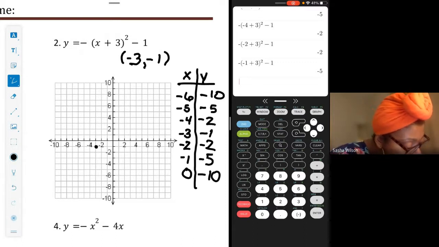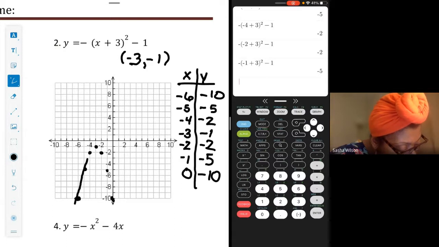So we'll plot negative 6, negative 10, negative 5 and negative 5, negative 4 and negative 2. And then again, we see that repeating pattern start to form.